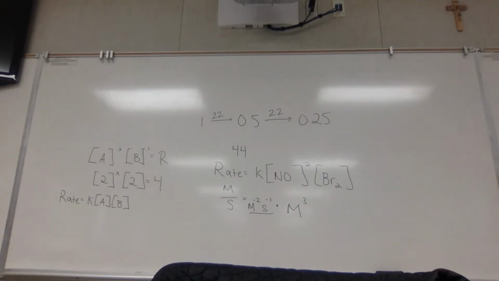Notice if you flip back to number 1, it gives you the rate of disappearance of A. That's fine, because there's no coefficient in front of A. If they gave you the rate of appearance of C or the rate of disappearance of B, you would have had to divide by 2. None of the problems I've given you so far have had a reactant or product with a coefficient in front, so you haven't had to do that yet.